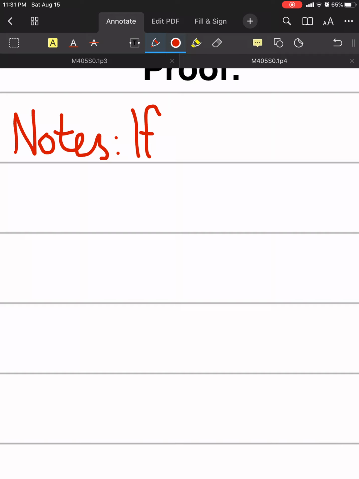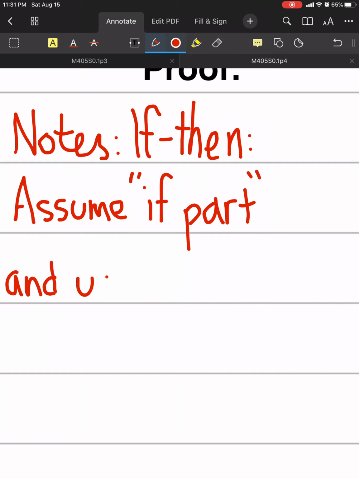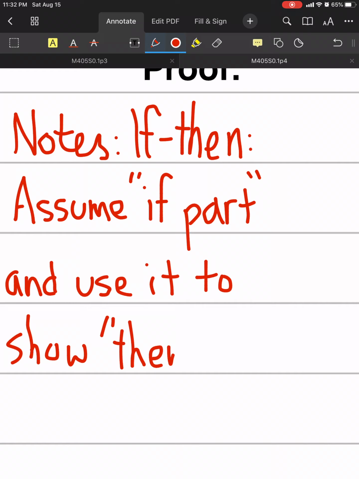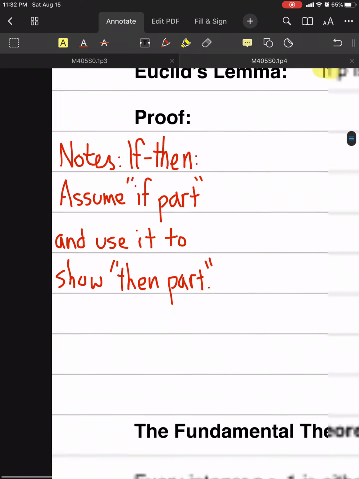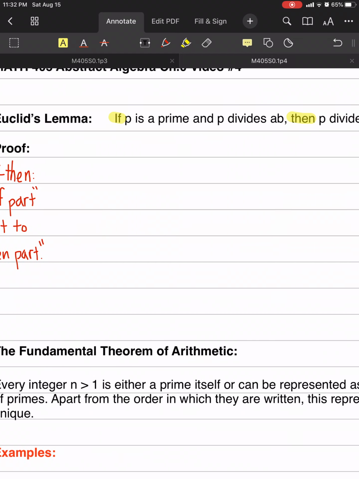For an if-then statement, you assume the if part and use it to show the then part. So that is one of the things that we're going to do here in this proof, and all of you have had proofs before, so that's not going to be anything new to you. You've all proved if-then statements many times.